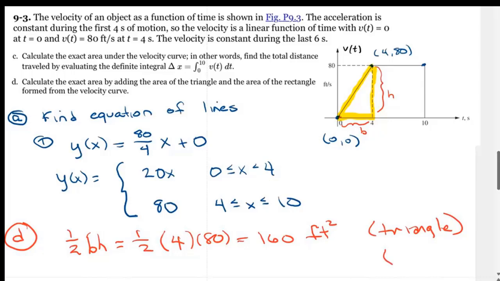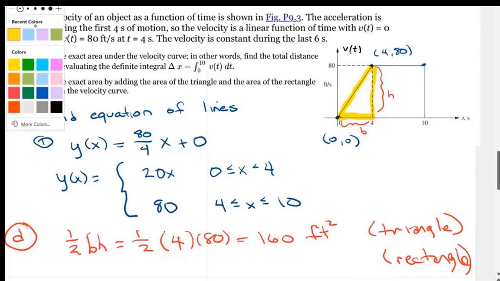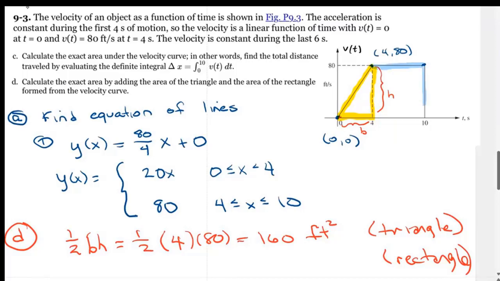The area of my rectangle, which is this part right here, obviously. The area of that is going to be base times height. The base is 10 minus 4, which is 6.